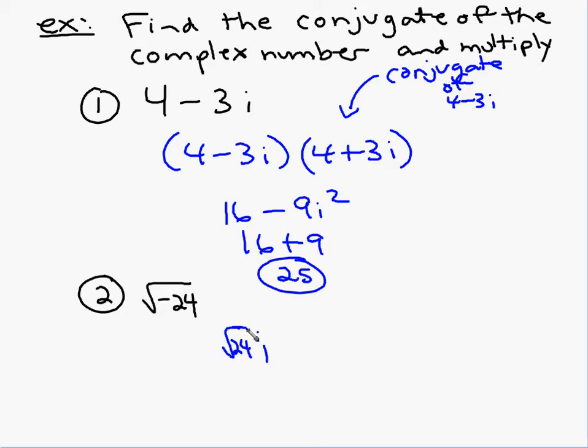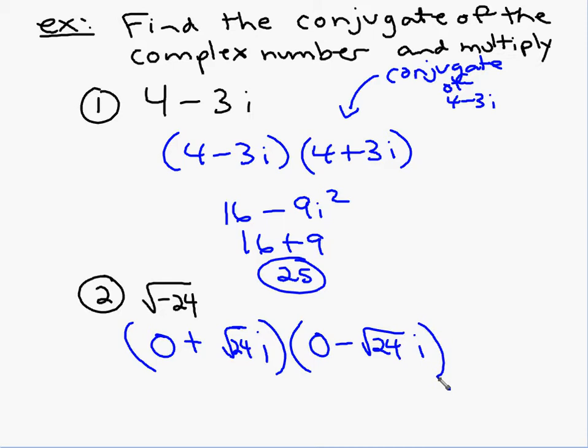I told you the other day that that would be 0 plus radical 24 i. Right? So then the complex conjugate of it would be 0 minus radical 24 i. I mean, we know what's going to happen to the zeros. I'm just putting them there so you understand.